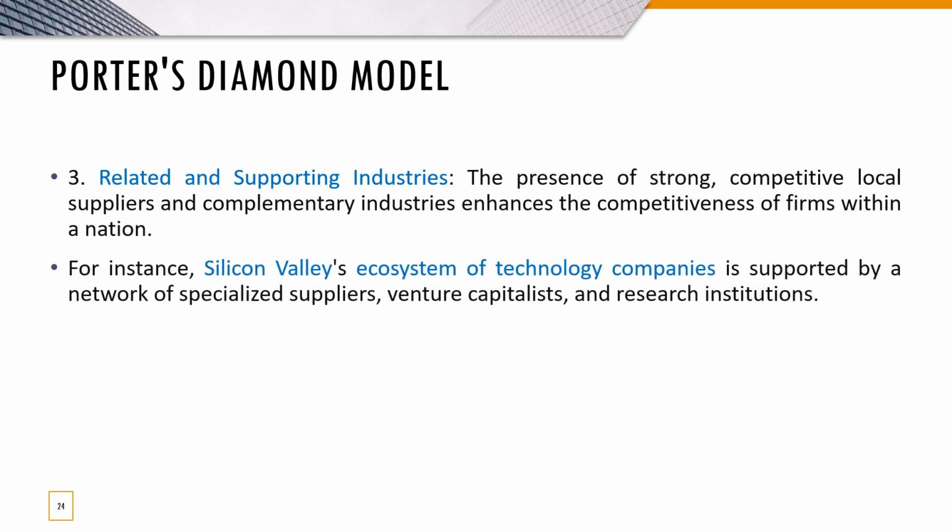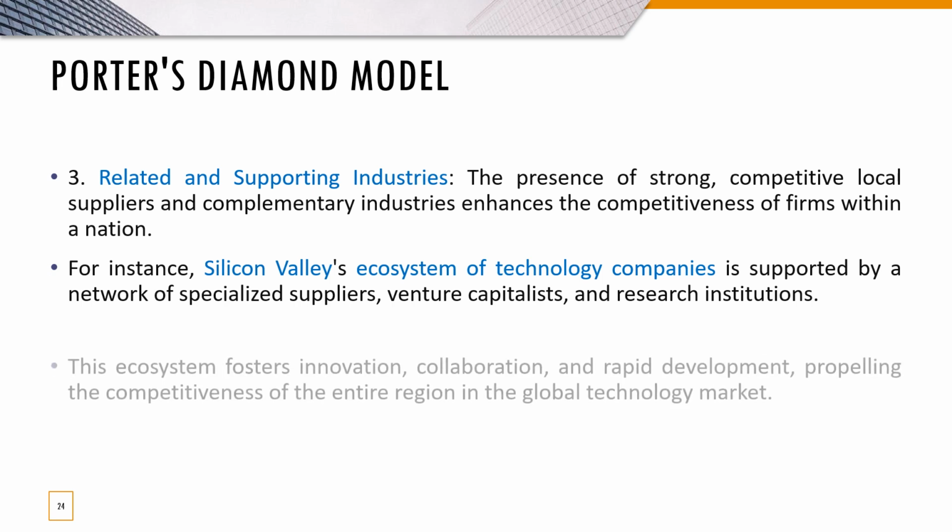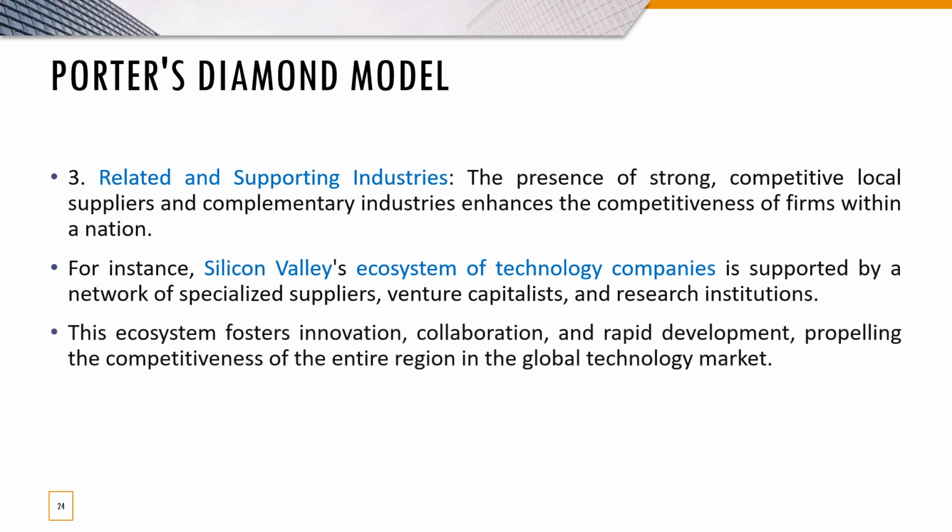For instance, Silicon Valley's ecosystem of technology companies is supported by a network of specialized suppliers, venture capitalists, and research institutions. This ecosystem fosters innovation, collaboration, and rapid development, propelling the competitiveness of the entire region in the global technology market.